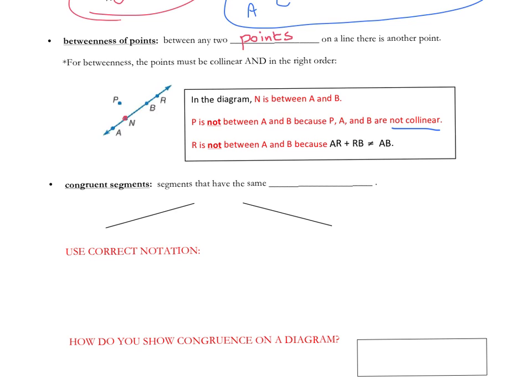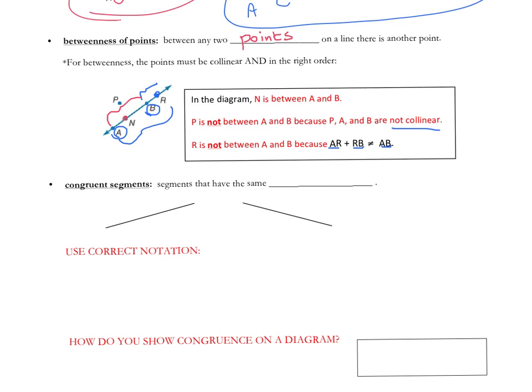And then you could also say that R is not between A and B because A is here, B is here, R is not in the correct position. R is not between A and B because when you try to do your little equation here with the AR plus RB equaling AB, it's not going to work. AR plus RB is going to be longer than AB, which is that segment right there.